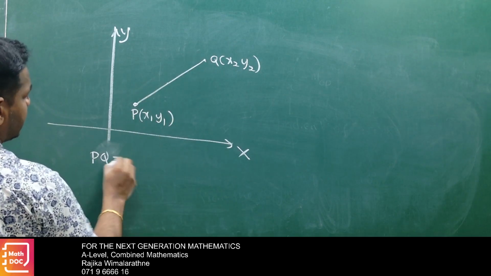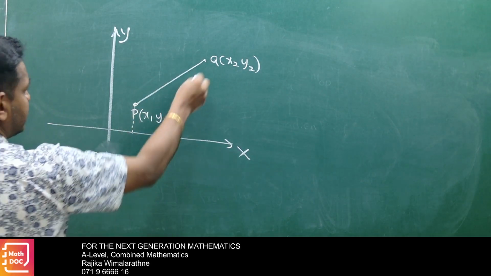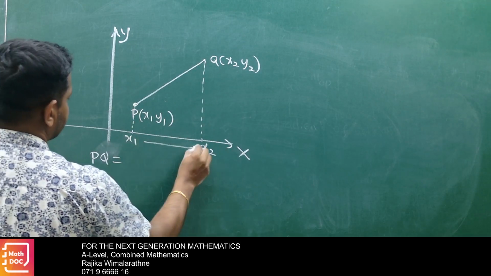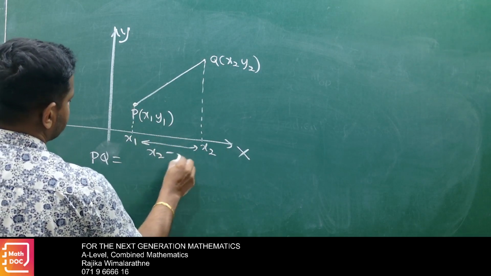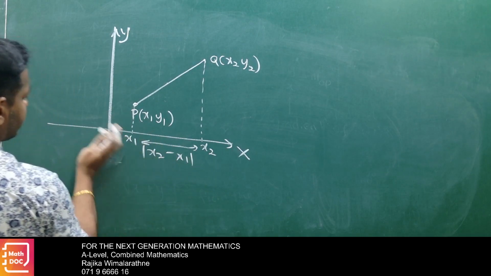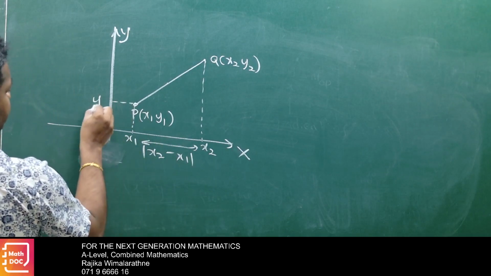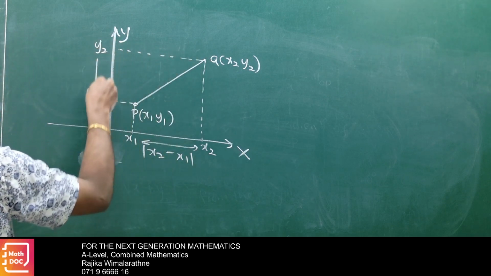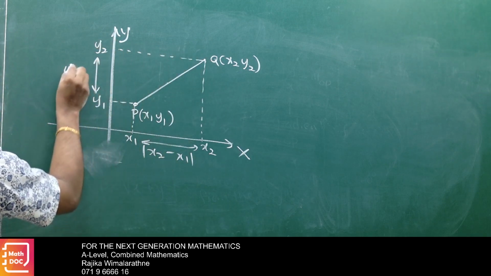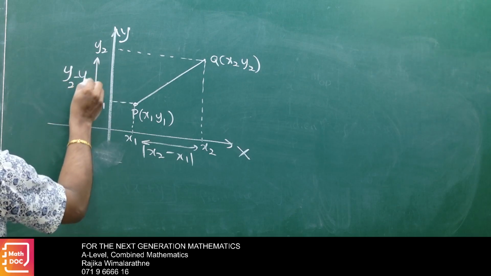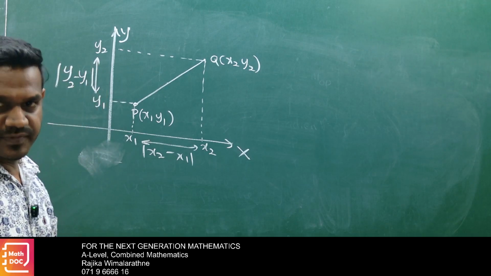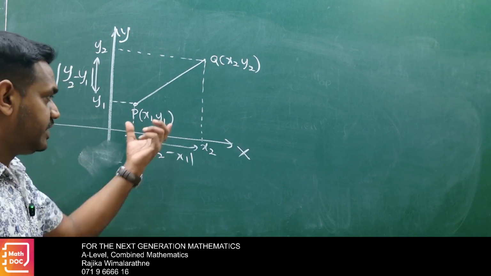The horizontal distance is the modulus of x2 minus x1, and the vertical distance is the modulus of y2 minus y1. You can write y2 minus y1 or y1 minus y2, whatever it is; we put the modulus sign.